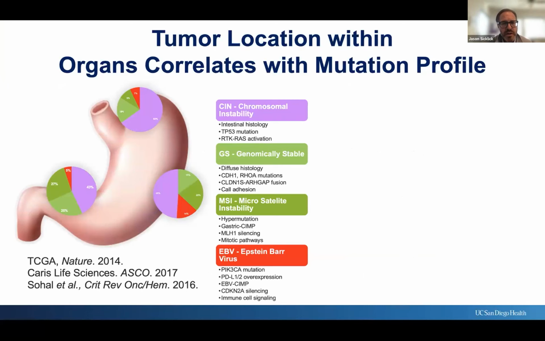For instance, the top part of the stomach tends to be this chromosome instability subtype, at about two-thirds frequency, versus less than half at the bottom part of the stomach. And vice versa, the microsatellite unstable population only represents 9% at the top, but about a quarter at the bottom part of the stomach.